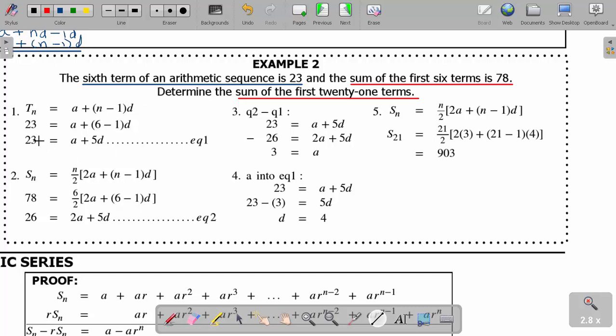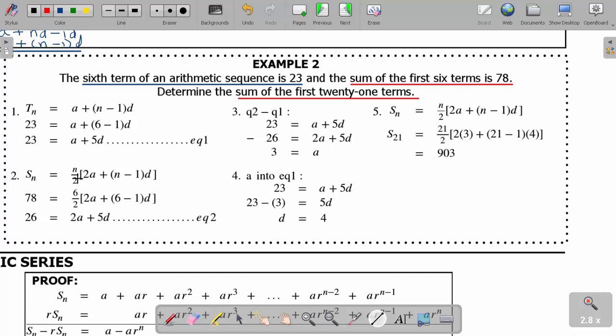We're going to say 23 equals a plus 5d, because n is 6 and 6 minus 1 is 5. That's our equation 1. But they said also that the sum of the first 6 terms is 78, meaning S6.